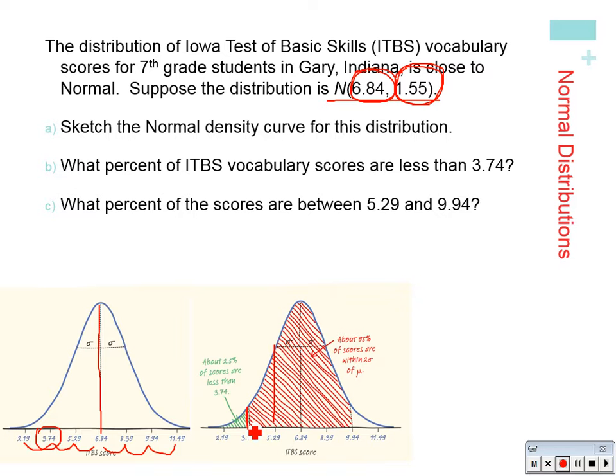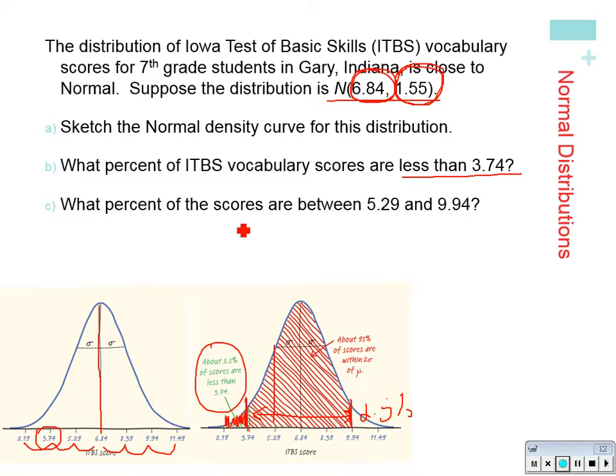And 95% of the data falls somewhere between here and here. So that means 5% of the data falls outside this window, and it's equal on both sides. So this would be 2.5% over here, and this would be 2.5% over here. So the scores less than 3.74 would be this area under the normal curve, which is approximately 2.5%. So that's the answer for part B.